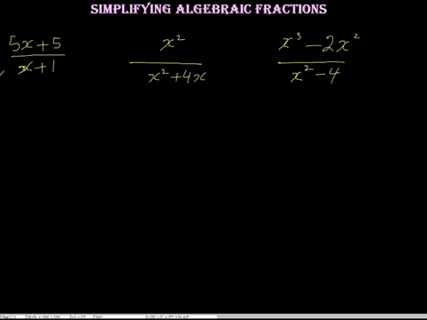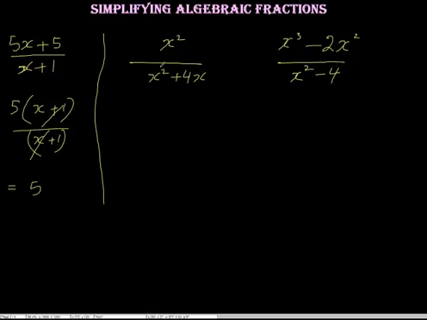Right, okay. I can see that 5 is the common factor at the top, so when I take 5 out, I get 5 times x plus 1, so dividing that by x plus 1, these two are going to cancel out, so my answer is 5. Now what do I get in this case?